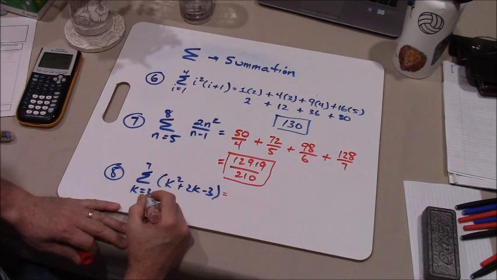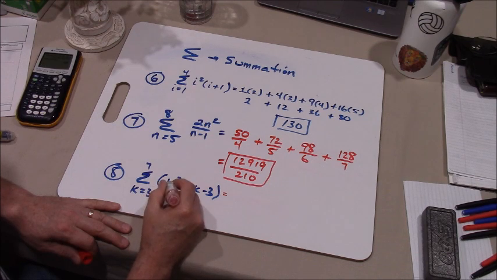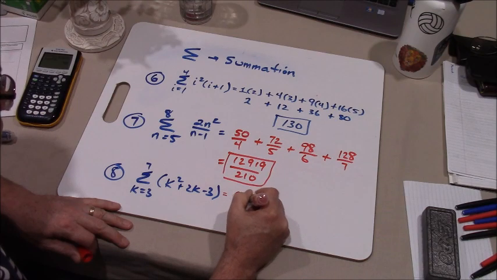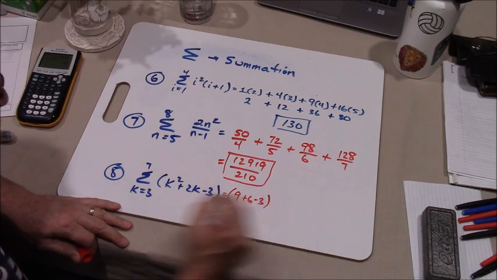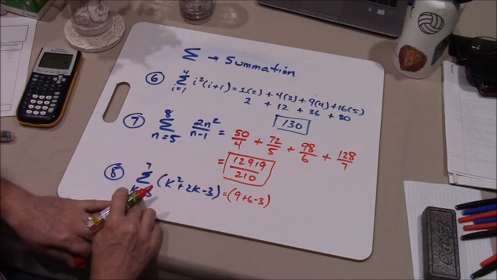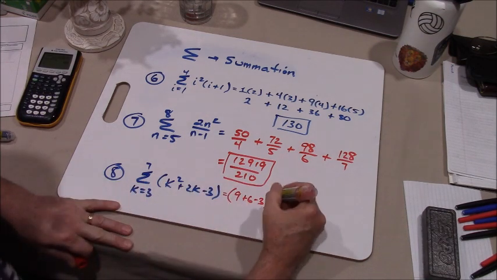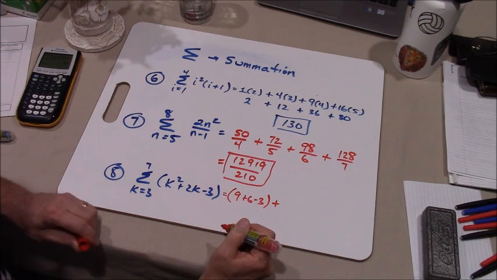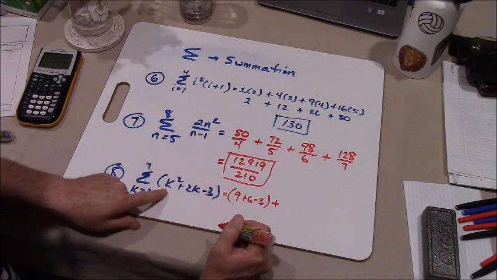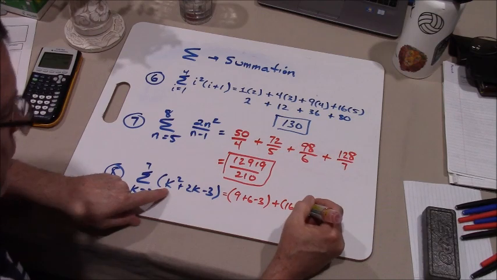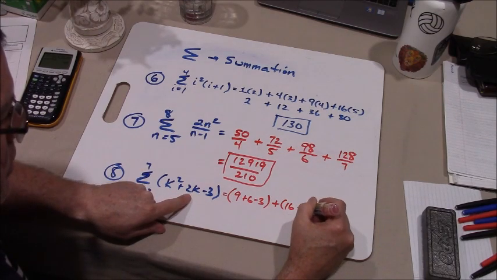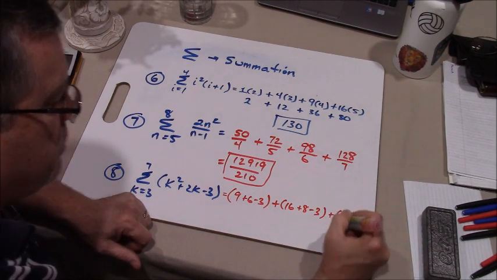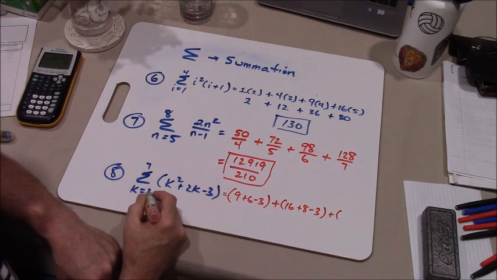All right, so I want to start with a 3. I'll plug that in. I'm going to get 3 squared, which is 9. 2 times 3 is 6, minus 3. There's my first k value that I'm plugging in. And then I'll plug in a 4. Remember, it's summation, so we have to add all these answers together. So if I plug in a 4, I'm going to get 4 squared is 16. 2 times 4 is 8, minus 3. Plus, now I'm going to plug in a 5.